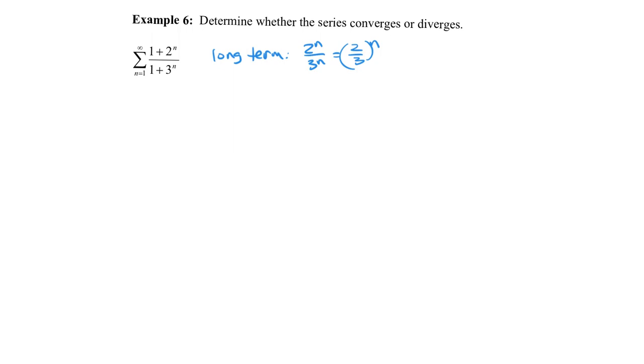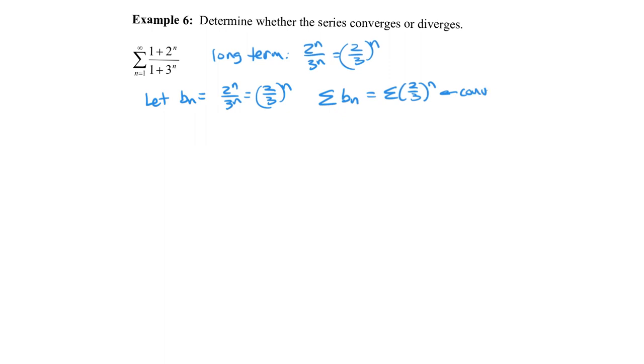So let's do that. Let's let b sub n be 2 to the n over 3 to the n, or in other words, 2/3 to the n. Okay, and then we know that the series with b sub n converges.